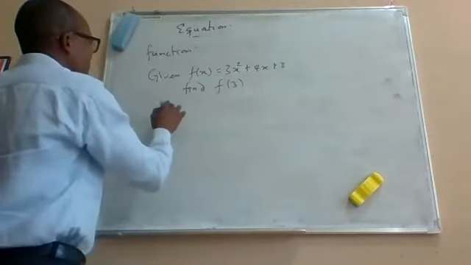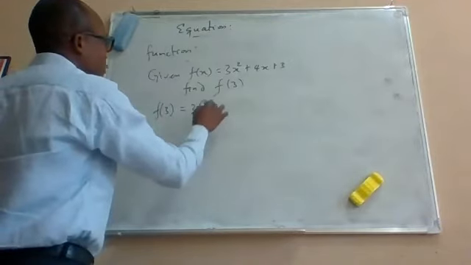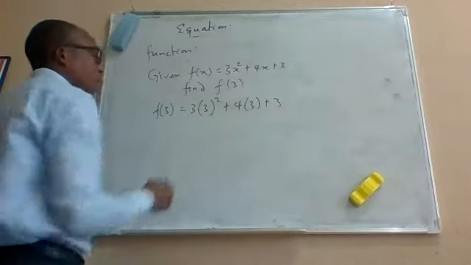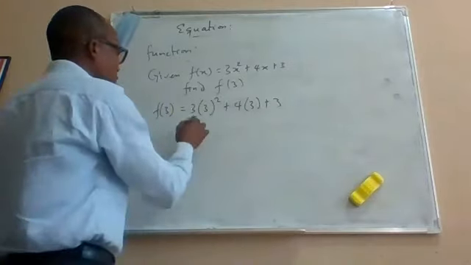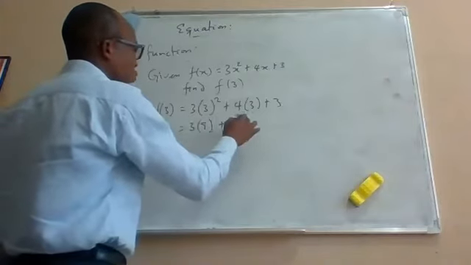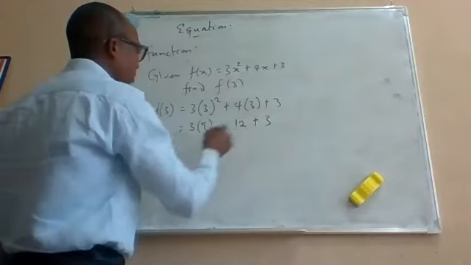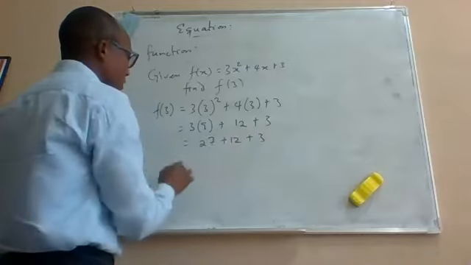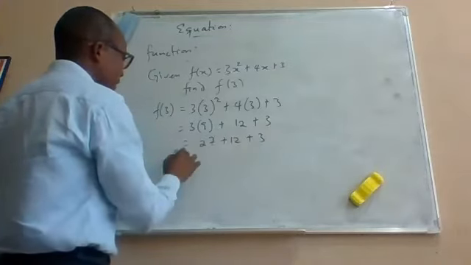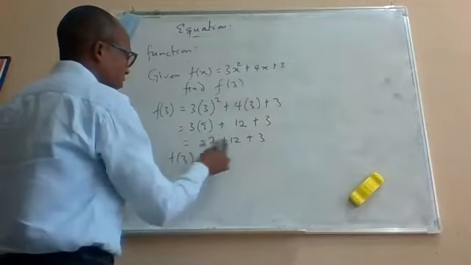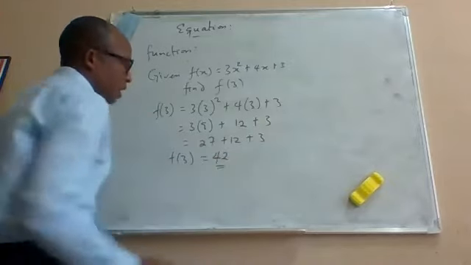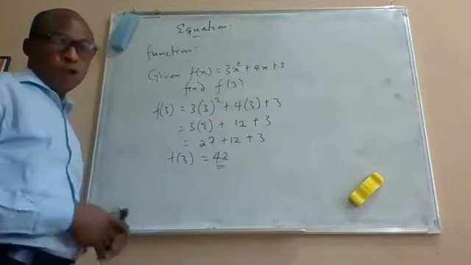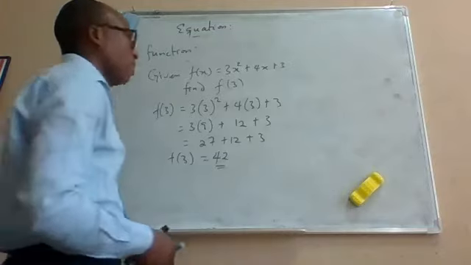So the function becomes 3 into 3 raised to the power 2, plus 4 into 3, then plus 3. 3 raised to the power 2 is 3 times 3, that will give us 9. So this will be 3 times 9, which is 27. And 4 times 3 is 12. So 27 plus 12, then plus 3. By the time you sum this up, your f of 3 will give us 42. And that's what we mean by function. You'll be given what to replace your s with, and you'll be able to do that.